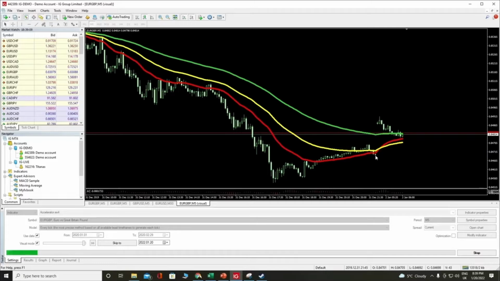Of course, here the lines start to become a bit confused together. I mean, you cannot see the risk reward, but eventually you will see that the risk reward ratio is 1 to 1.5. So let's say that at this point we have like 74 pips.